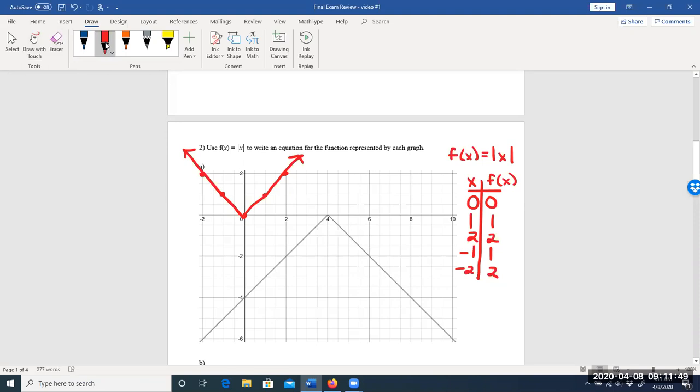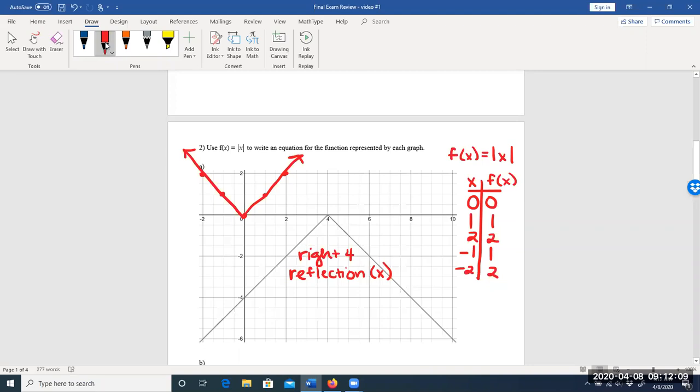Okay, so our graph here that is in gray has been shifted right 4. But there is also a reflection that has occurred. It has been reflected over the x-axis.